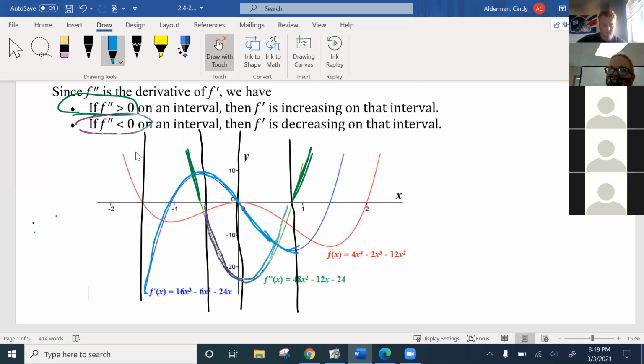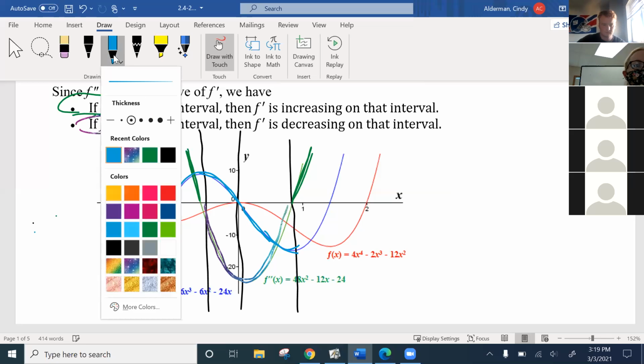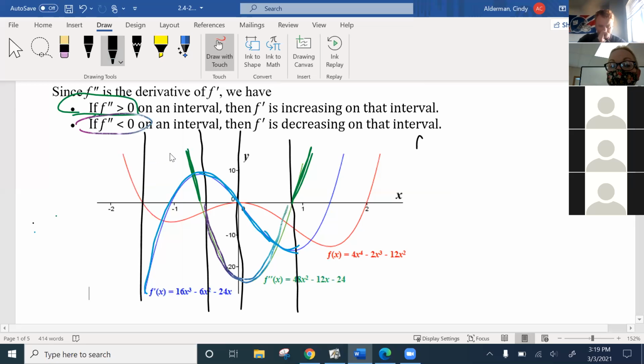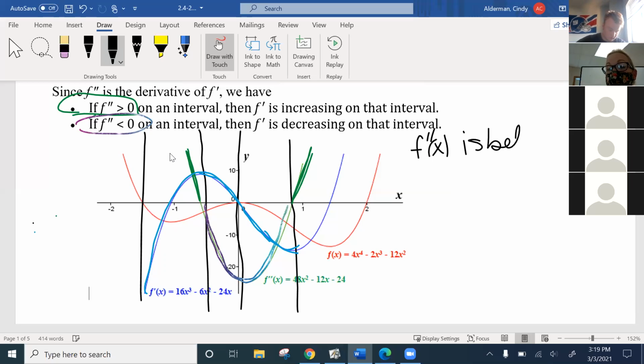So to put it the other way around also, we can say that f double prime of x, or you can even just say f double prime. The book kind of goes back and forth with that notation, so I'll use it interchangeably. You could say that it is below the x-axis when f prime of x is what?